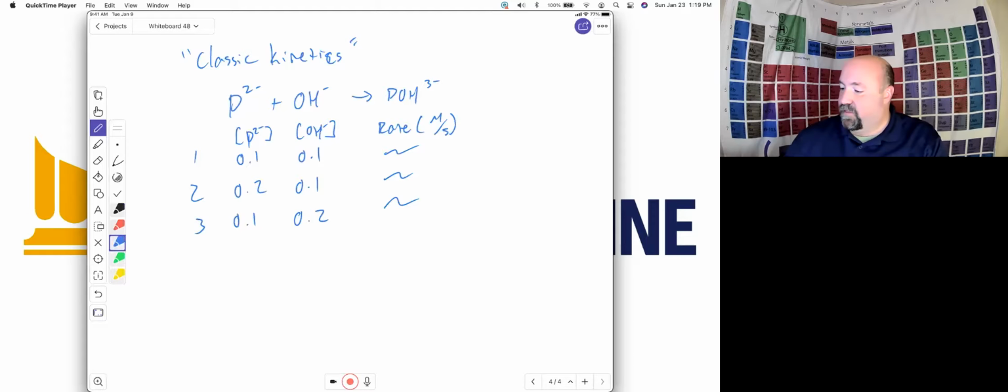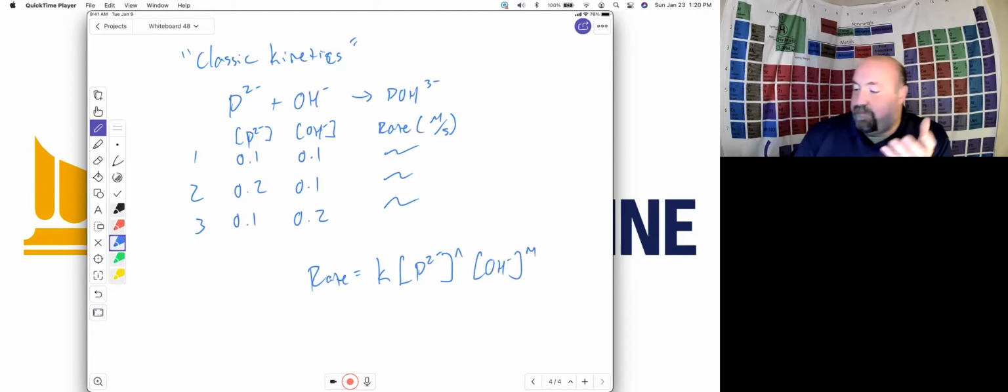So again, keeping in mind that your goal is to find that rate law. Oops, I think that was an N, wasn't it? N. And so keeping in mind our goal is to find these orders and this K value, if you set up an experiment like this, you can compare these two experiments to see what effect changing phenolphthalein has on your rate.